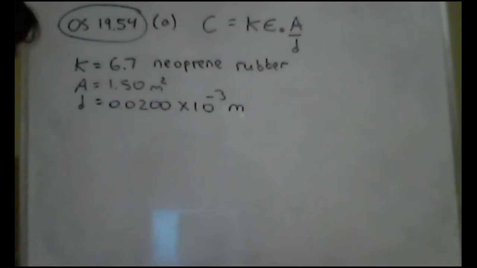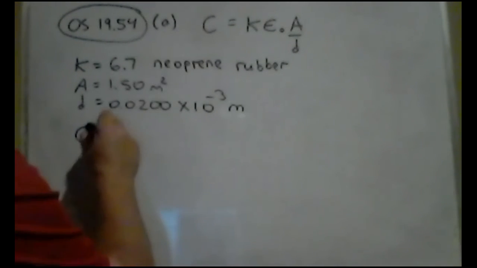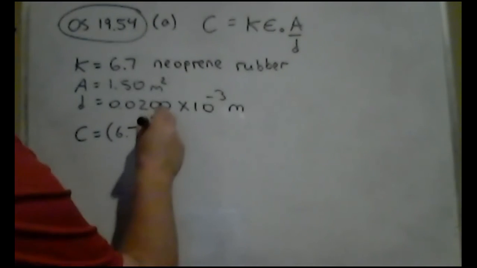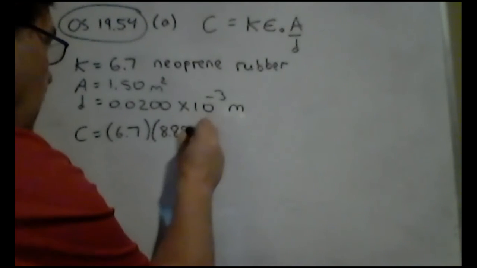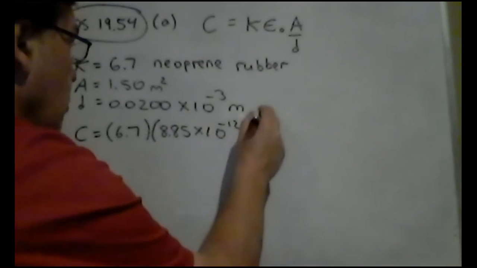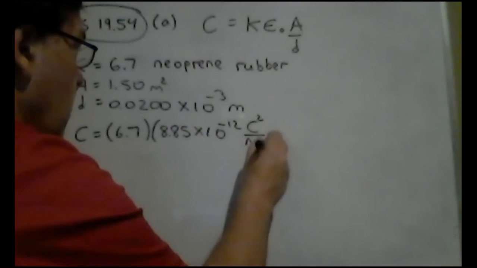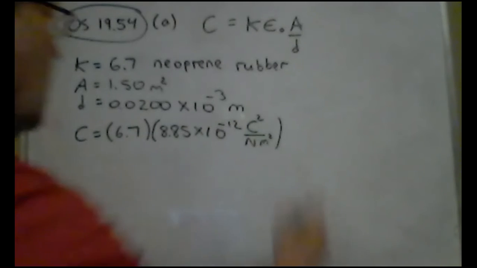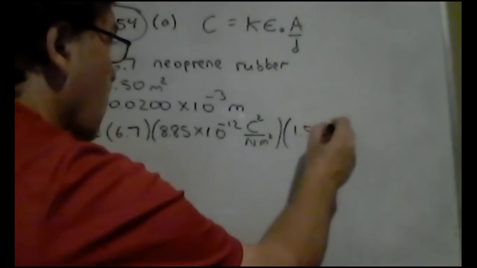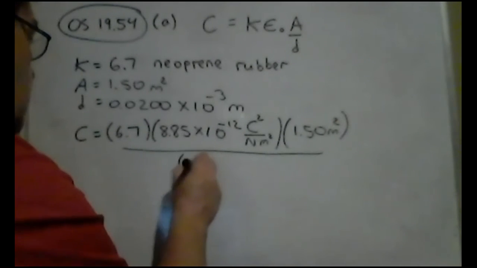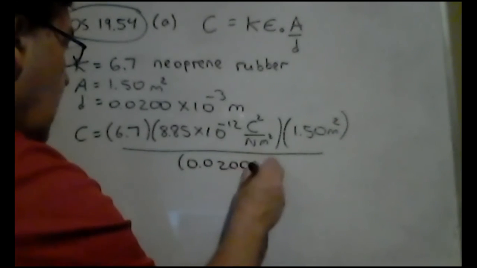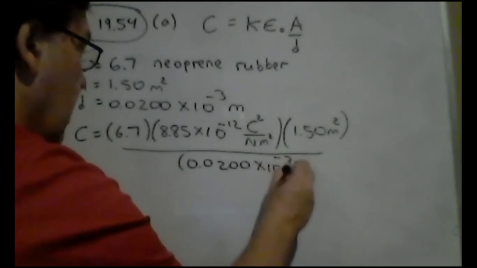All right. Now it is a simple matter to calculate C. C is going to be kappa, which is 6.7, times epsilon naught, the permittivity of free space, 8.85 times 10 to the negative 12 coulomb squared per newton meters squared, times A, 1.50 meters squared, all divided by D, which is 0.0200 times 10 to the negative 3 meters.